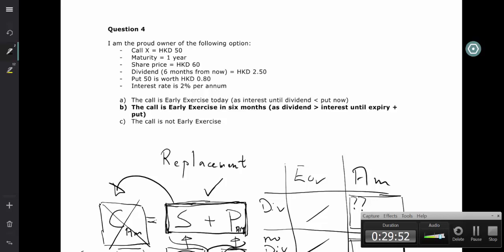In fact, it's kind of hard for you to do this question because the answer is already in bold, so it would prejudice your judgment. But anyway, you can see in brackets: dividend is bigger than interest until expiry as put. What does that mean?